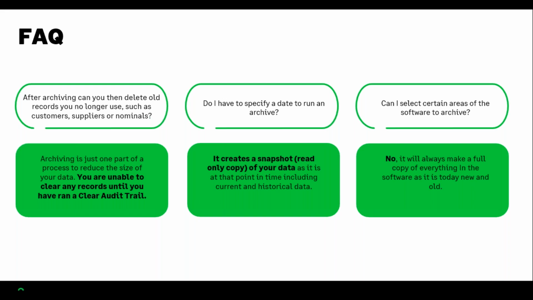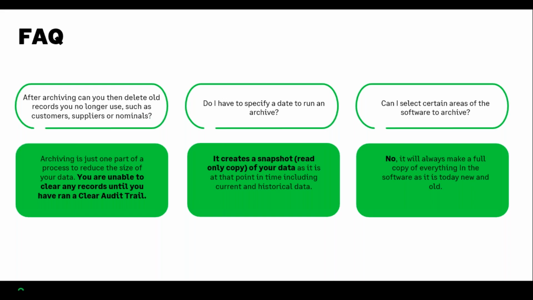You are clearing your audit trail. You're removing information from Sage 50. You're getting rid of transactions. So the importance of taking a backup there is in case you take too much away or you're not happy with how it looks afterwards. So before you do a clear audit trail, sometimes referred to as CAT, always do a backup.